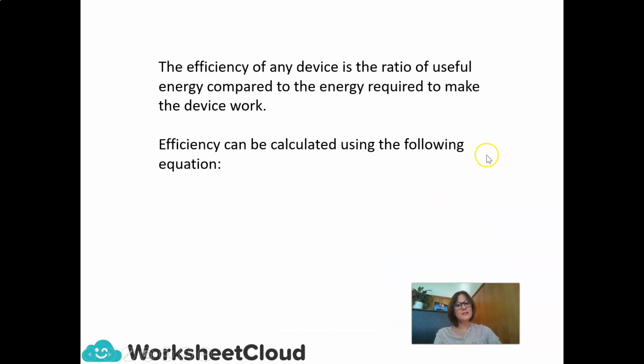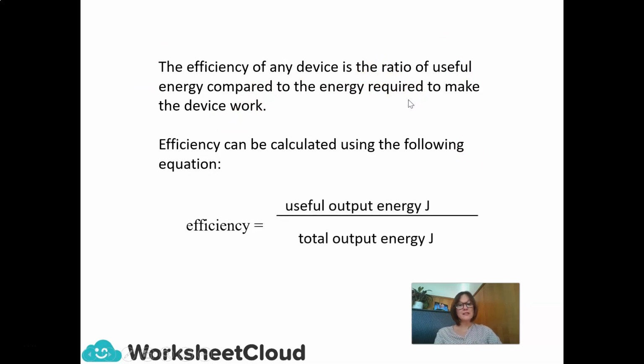The efficiency of any device is the ratio of useful energy compared to the energy required to make the actual device do its job, its work. Efficiency can be calculated using the following equation.